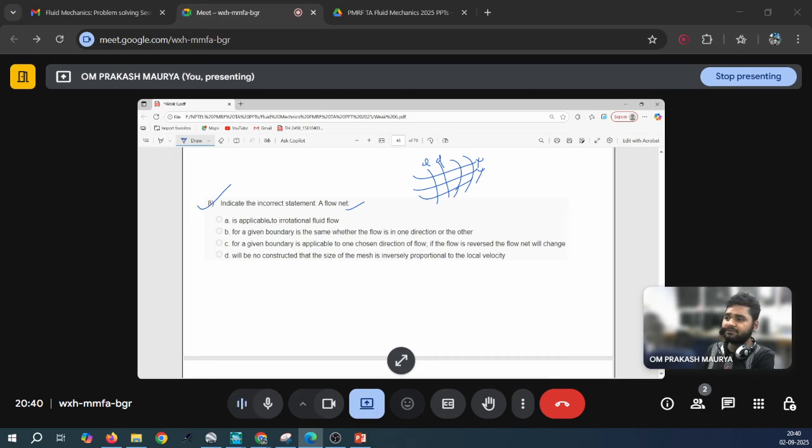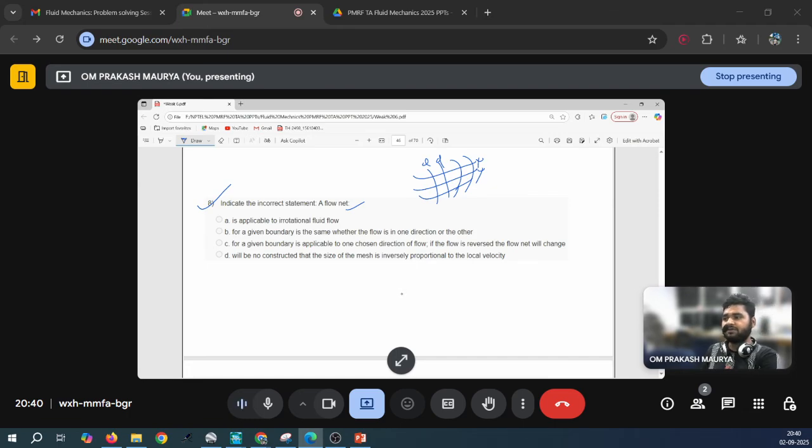The options: it is applicable to irrotational fluid flow; for a given boundary it is the same whether the flow is one directional or other; for a given boundary it is applicable to one chosen direction of flow, if the flow is reversed the flow net will change; and the size of the mesh is inversely proportional to the local velocity.